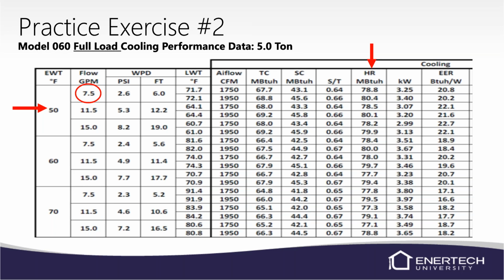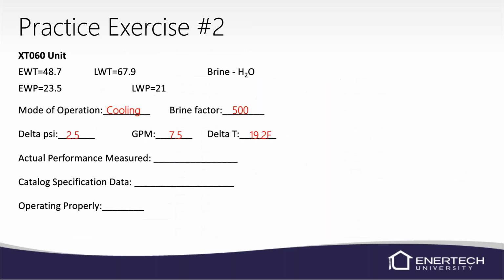We'll follow that over to our HR, which is heat of rejection, and it will tell us that we should be moving, excuse me, it actually needs to be moved up, 80,400 BTUs.